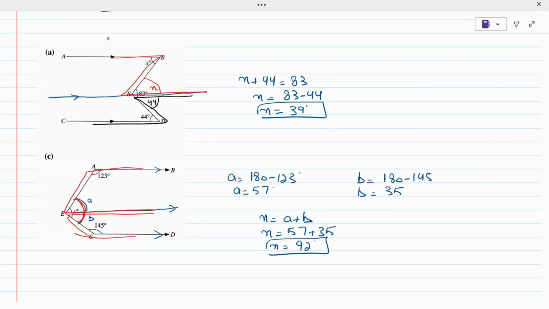So yeah, it's 92. So this was all about parallel lines.